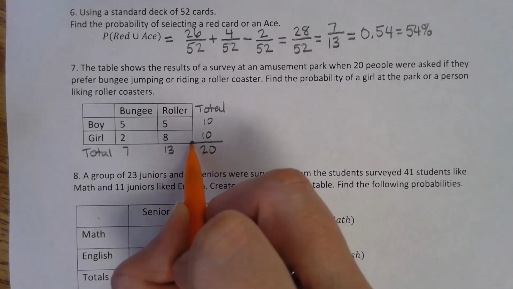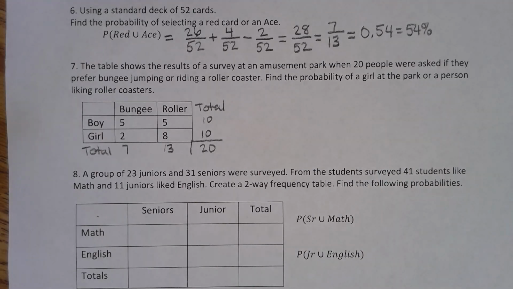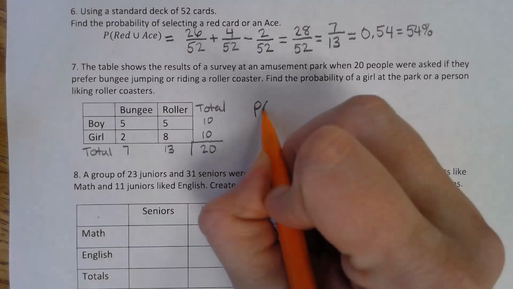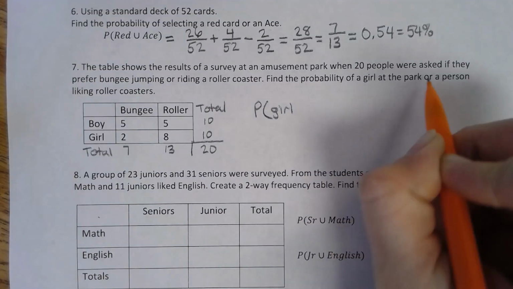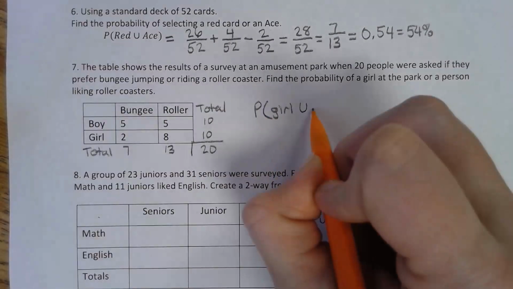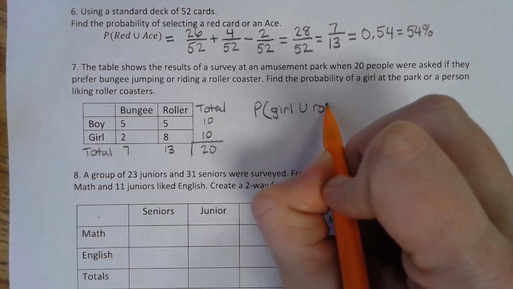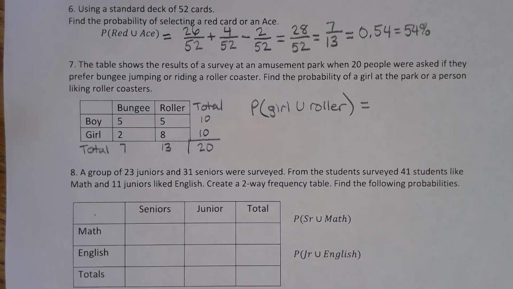So let's use this table now to find our probability. So we want the probability of a girl, or that's a union, a person liking roller coasters. Well, first we have to find the probability of a person at the amusement park being a girl.